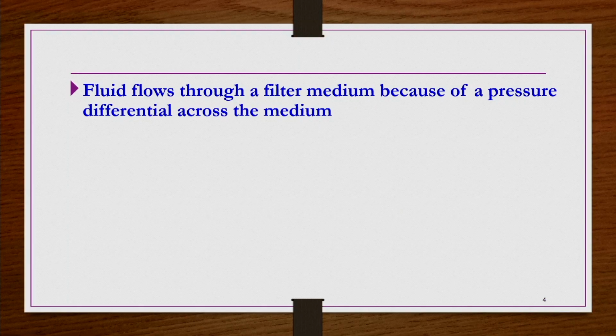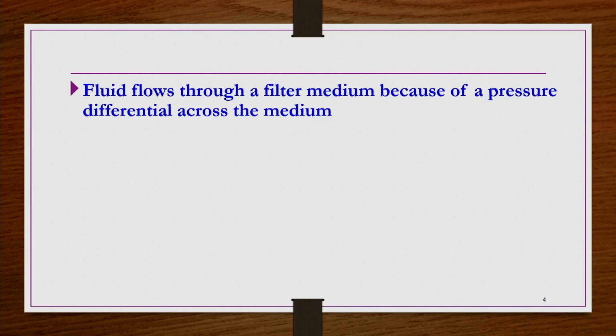Let us say you have a filter medium onto which you have taken a slurry, and you are not applying any additional pressure force, or centrifugal force, or blowers, etc., nothing. Then whatever the required delta P is for separation to occur, that comes from the column of slurry, the liquid column or slurry column, whatever it is, giving that pressure required for the separation to occur.